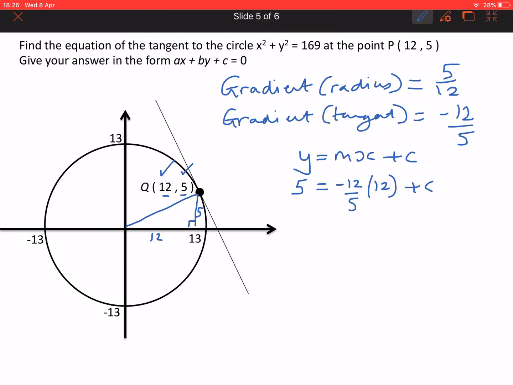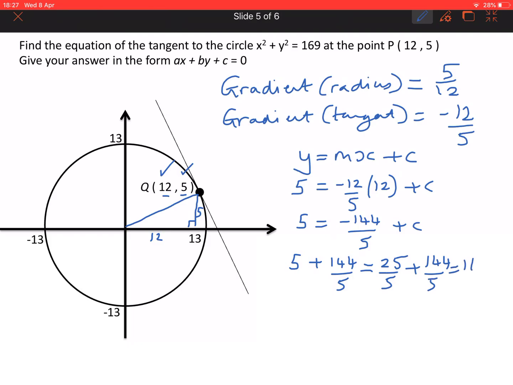plus c. So let's work out c. So 5 is negative 144 over 5 plus c. So I'm going to have to add 144 over 5 to 5 to get c. So let's change 5 into something with a denominator of 5, which must be 25 over 5 plus 144 over 5.